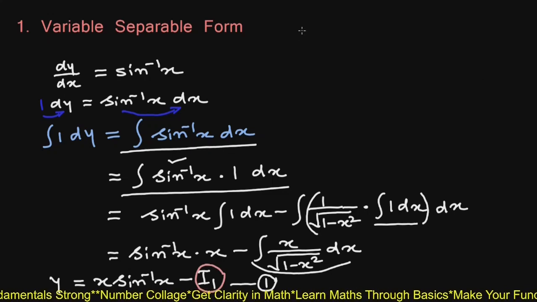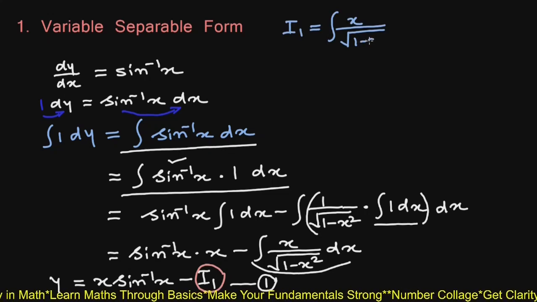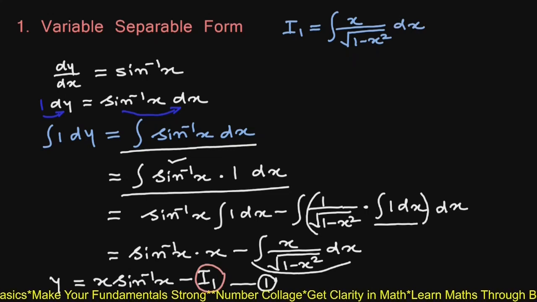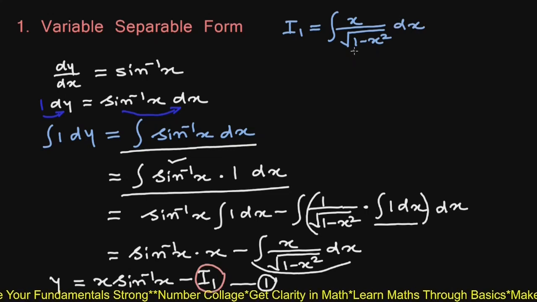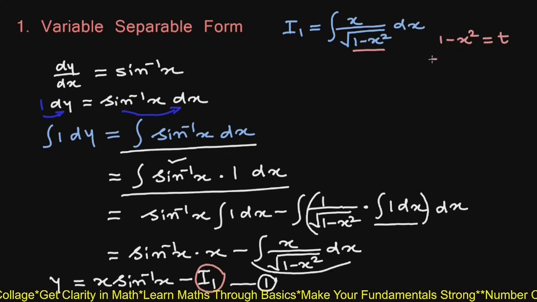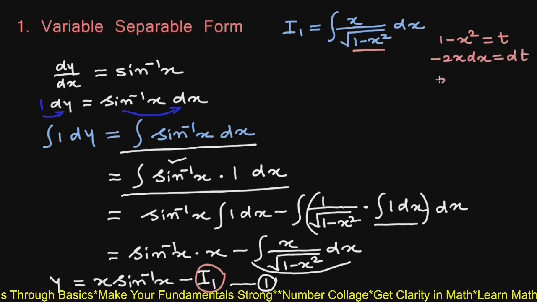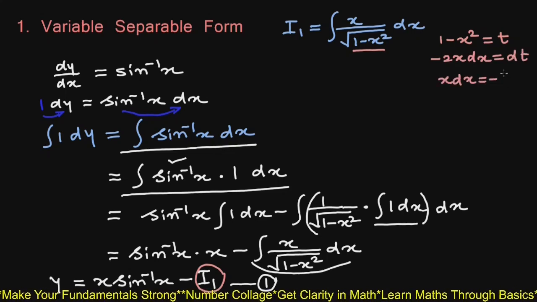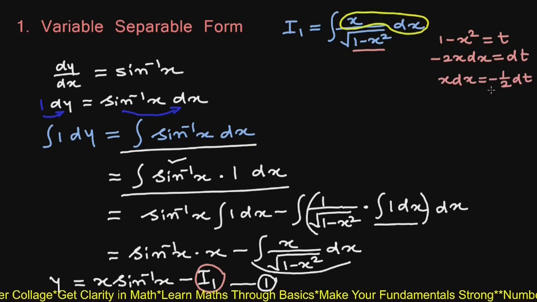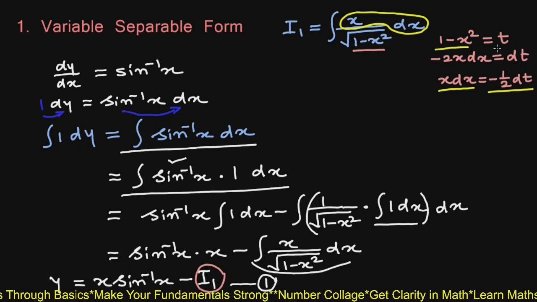So we have I1 equals integral x upon square root of 1 minus x square dx. We can solve this integral by method of substitution. For that we will substitute for this 1 minus x square equals t. Now differentiating, this will be minus 2x dx equals dt. x dx equals minus half dt. Now for this x dx we will substitute minus half dt, and for this 1 minus x square we will substitute t.